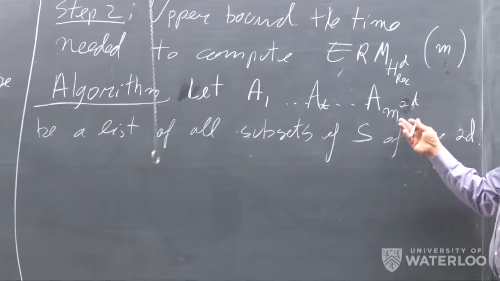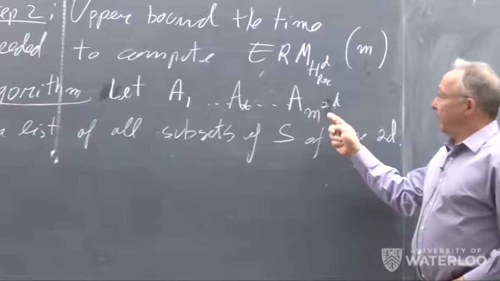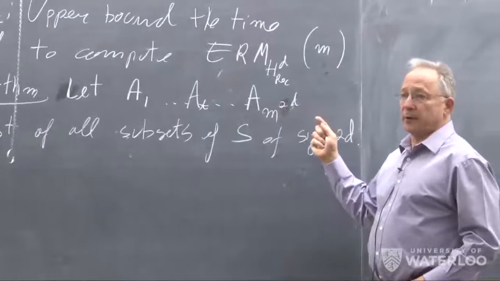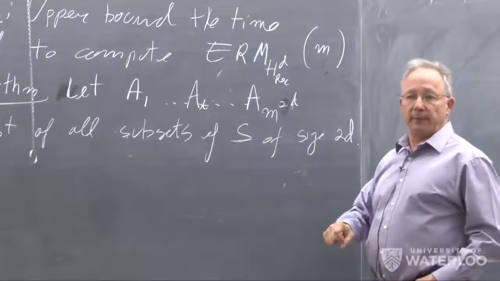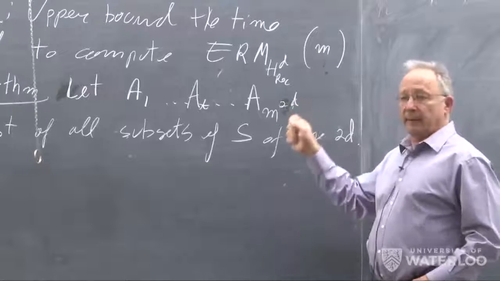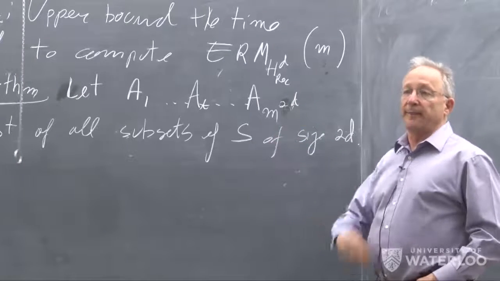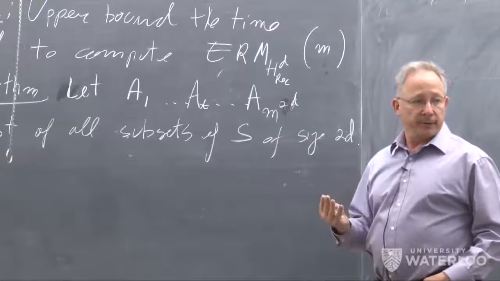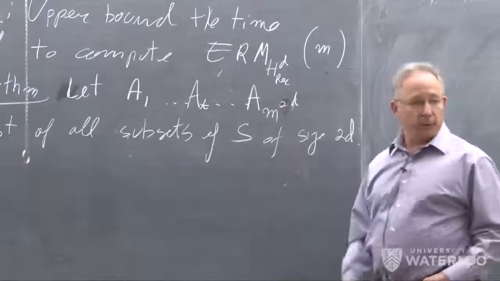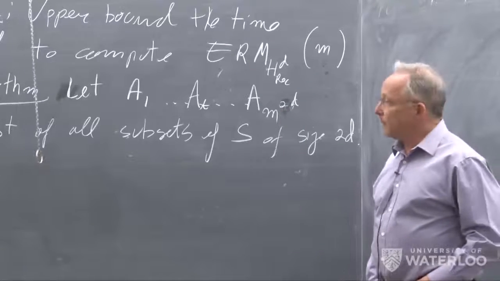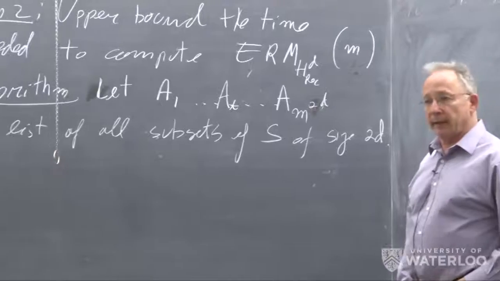Because to pick a subset of size 2D, I have to pick the first element, I have M options. I have to pick the second element, I have M options. I have to pick 2D elements. For each of them, I have M options if I allow repetitions. So in total, I have M to the 2D. OK, so I prepare such a list.